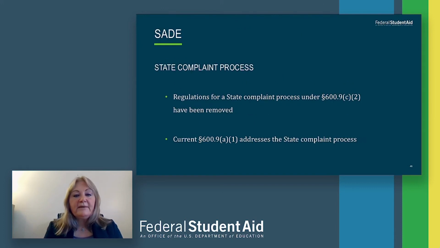With respect to the state complaint process, the regulations for a state complaint process under 600.9C2 have been removed, but current 600.9A1 continues to address the state complaint process. Nothing in the regulation prevents a state from providing a state complaint process that an institution offering distance would have to comply with in order to operate in that state, unless the state and institution have joined a reciprocity agreement that provides an alternate means for addressing student complaints.